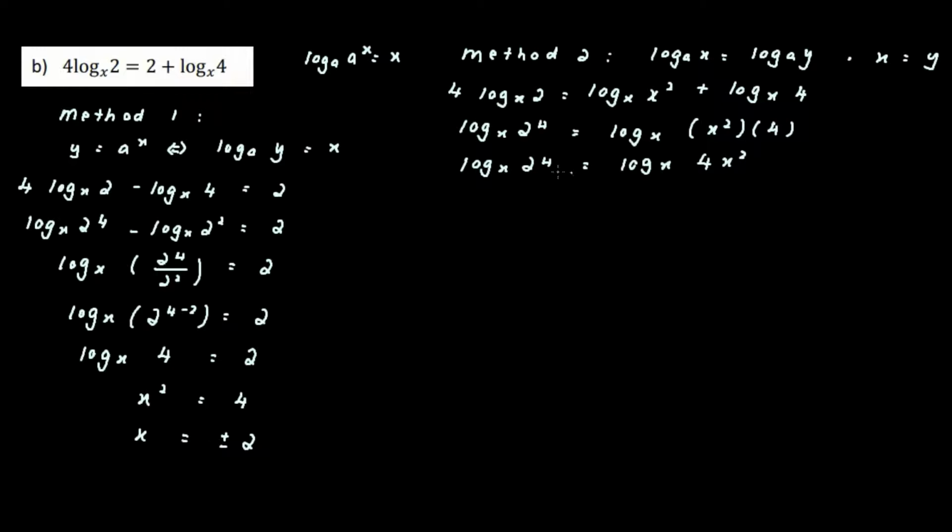So now you reach a time that you have log_x of this as your x and this as your y. Okay, so 2^4 gives you 16, then it will be equal to 4x^2. So you can continue to solve it. x^2 equals 4 and x equals positive and negative 2, which gives you exactly the same thing.